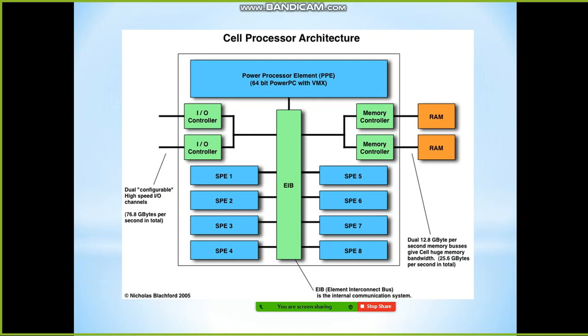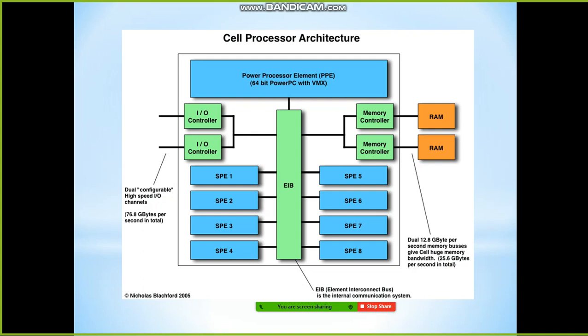It contains 8 Synergistic Processing Elements, which we will discuss further. EIB is the Element Interconnect Bus, which gives the communication system between all these components.